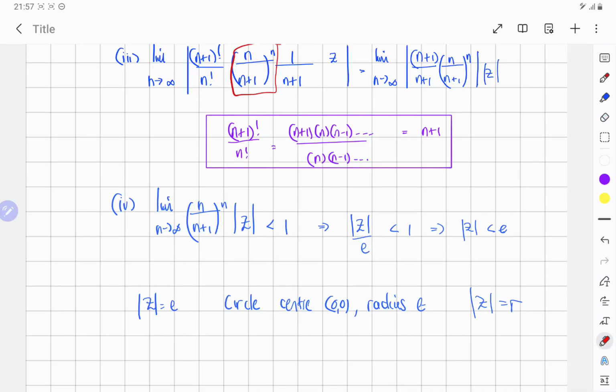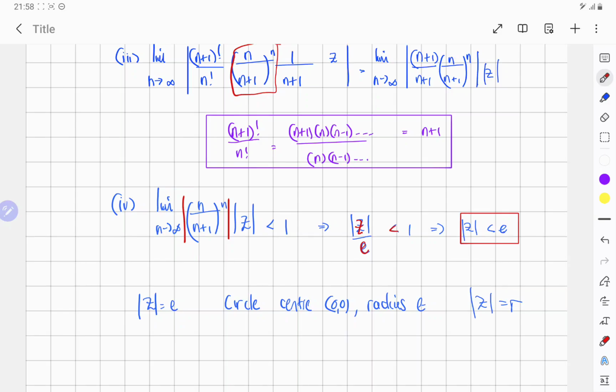So that's why I can always use less than 1 when I find the radius and interval of convergence. And just remember to put your absolute values. But now, since I know that limit is equal to 1 over e, and I have my |z| less than 1, I times by e on both sides.